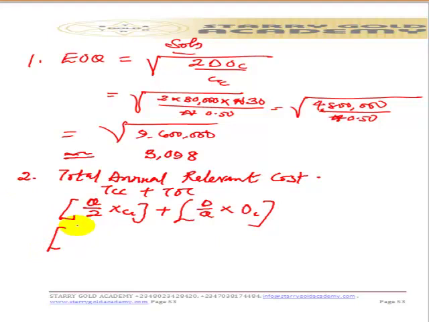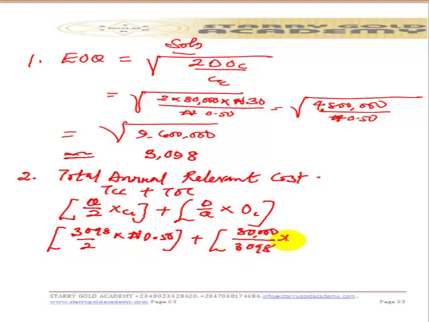Now our Q in this case is 3098 divided by 2, and our carrying cost is 50 kobo, plus our annual demand 80,000 divided by 3098 times the ordering cost, which is 30.